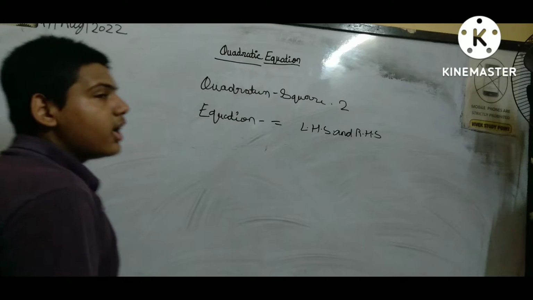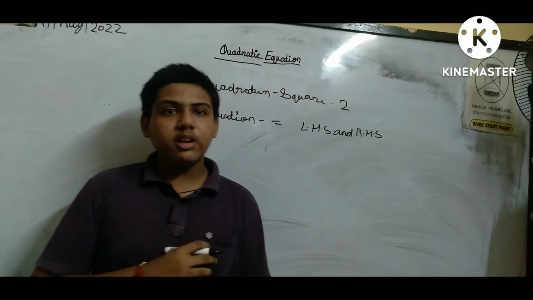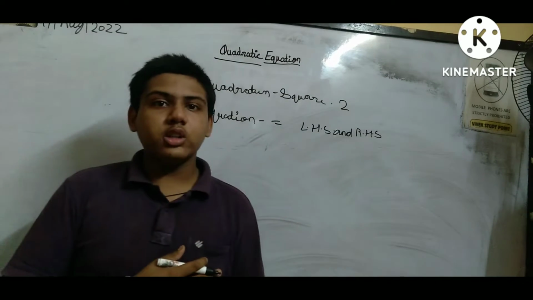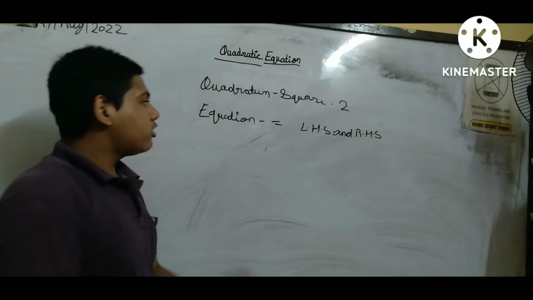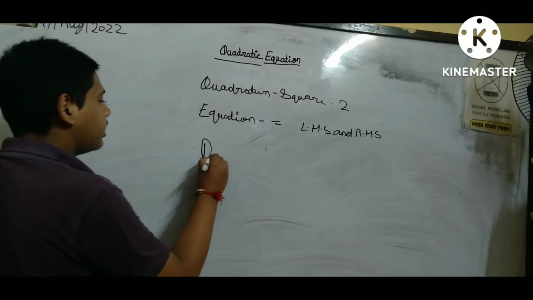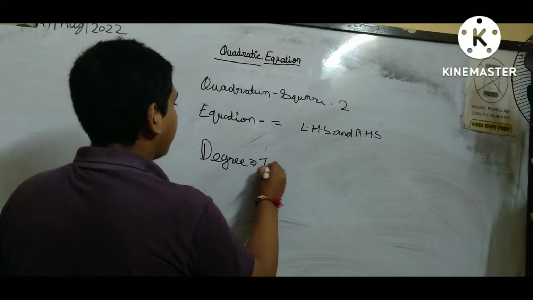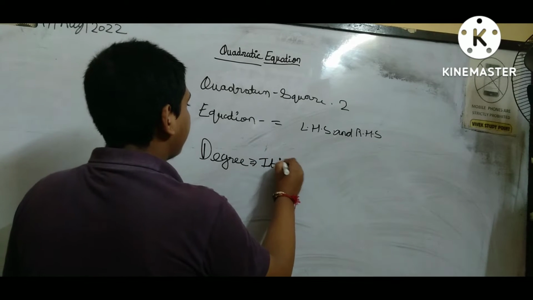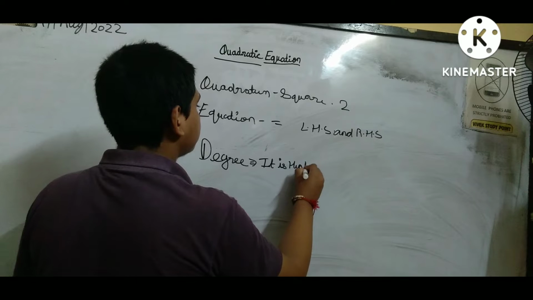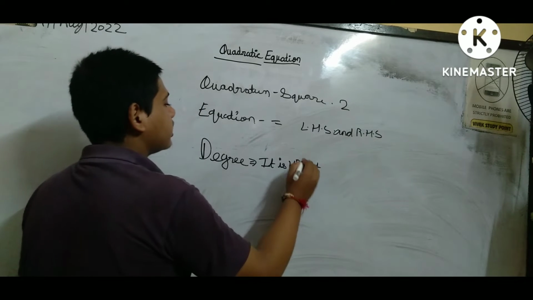Actually 2 means the highest degree of the given equation is 2. What is degree? Actually degree is the highest power of an equation.